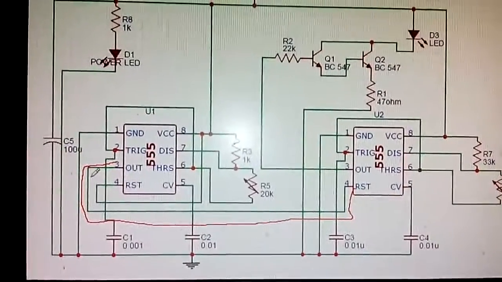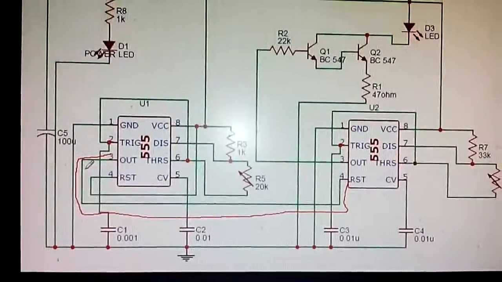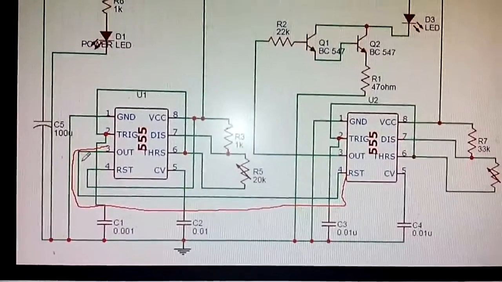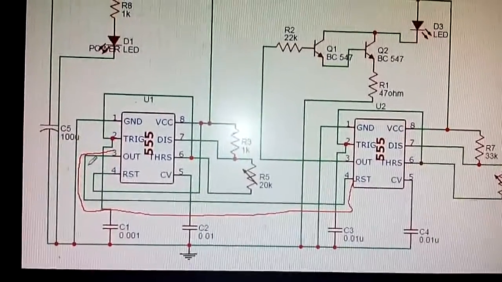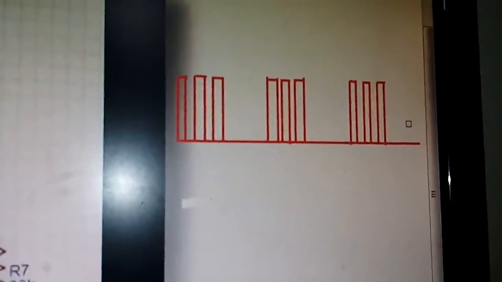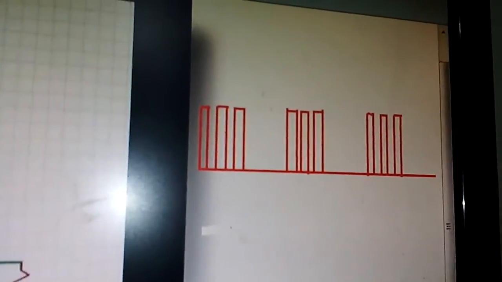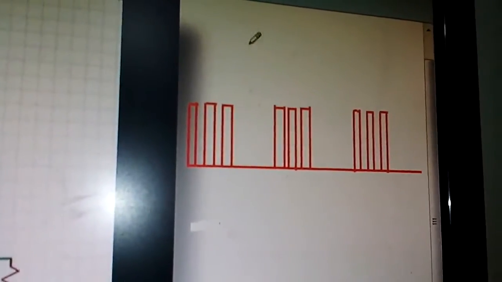You will see the waveform on the CRO or the DSO, cathode ray oscilloscope, or digital storage oscilloscope. So the pulse will be like this. As you can see, this is a modulated signal.